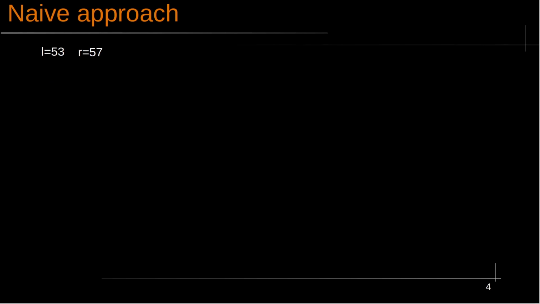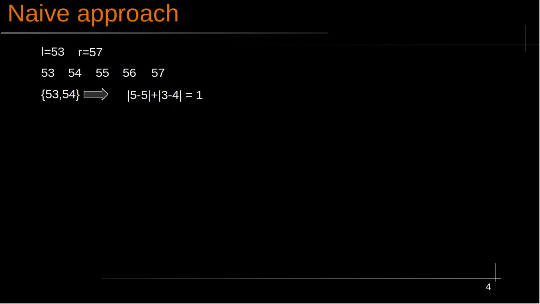Let's take these two numbers and try to solve it using a naive approach. And using this approach, we're going to understand the task more. All the numbers in this range are 53, 54, 55, 56, and 57. We're going to test the numbers two by two, which means first we can check 53 and 54.